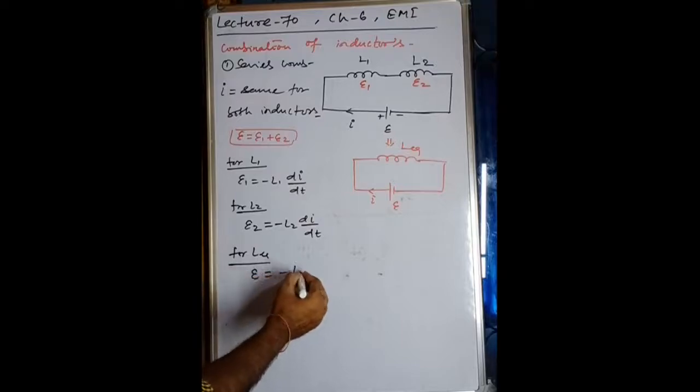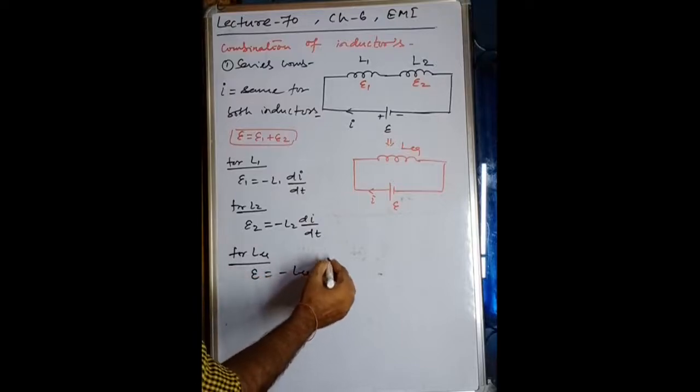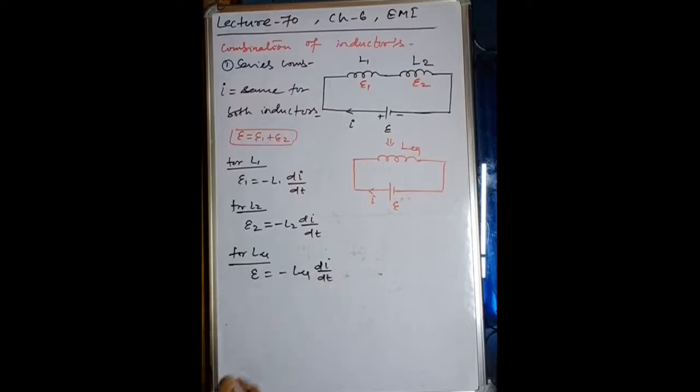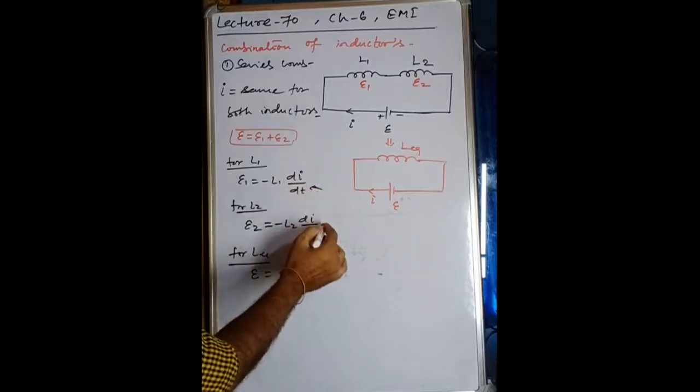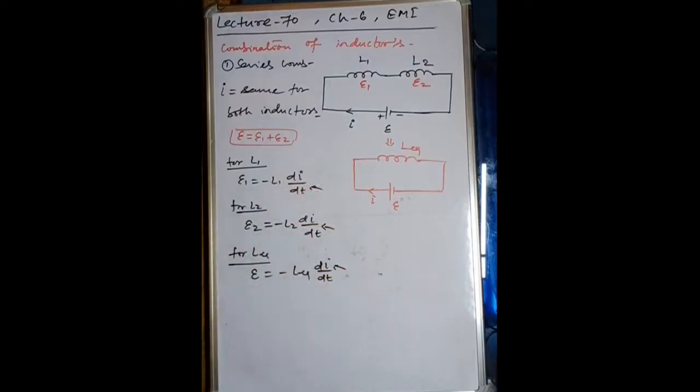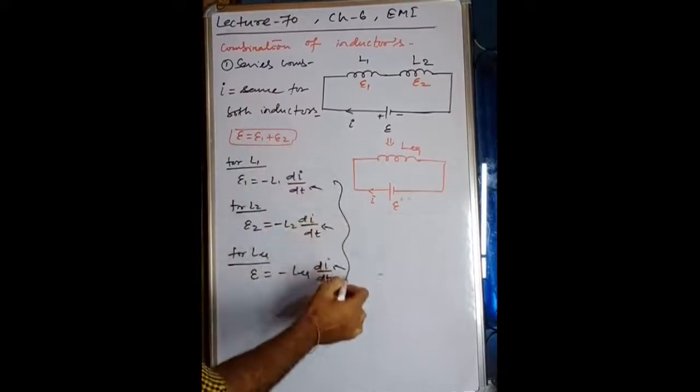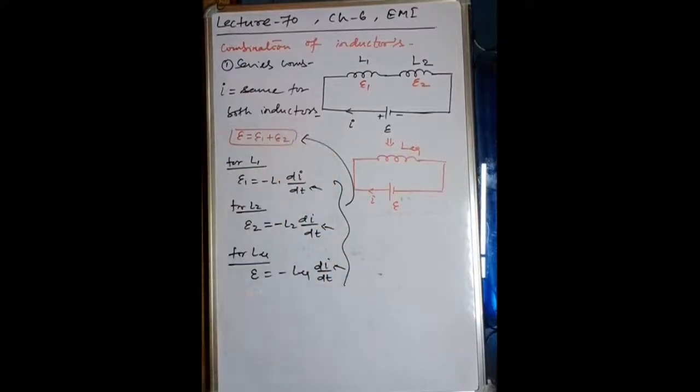E is equal to minus L equivalent di by dt. Bear in mind all the inductors have the same rate of change because the current is the same. So for the same time all the inductors will experience the same change.